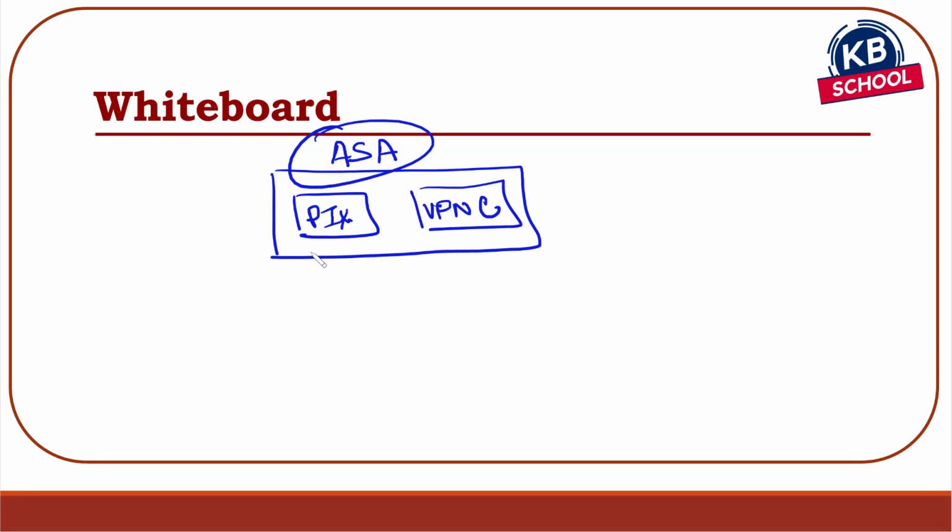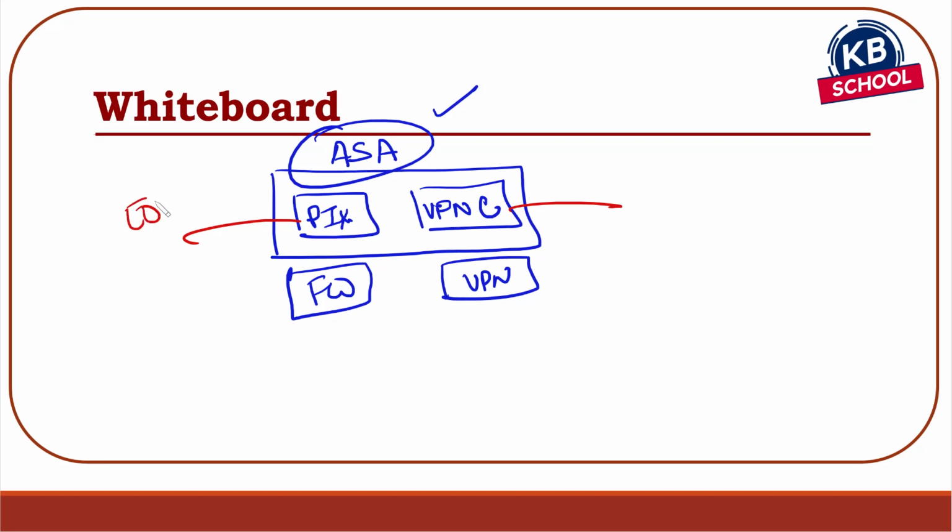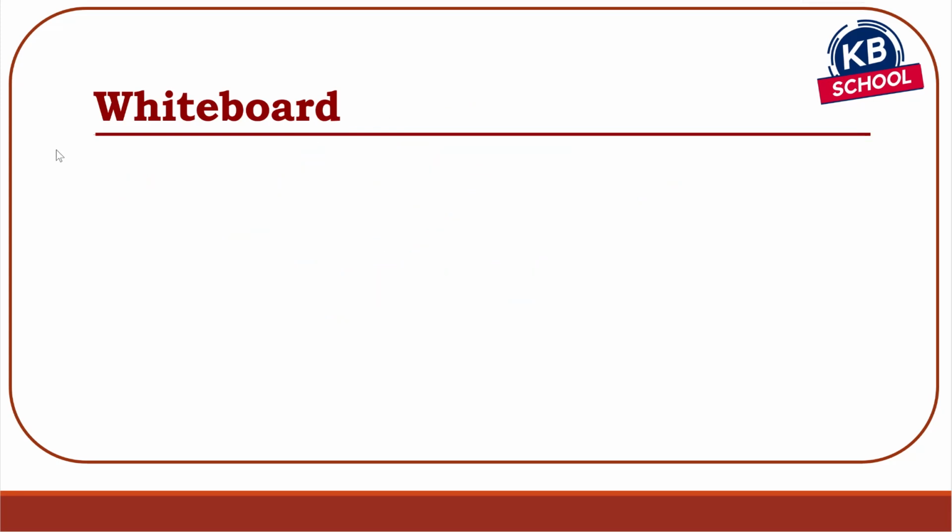So the ASA firewall gives you the capability of acting as a full-on firewall with the capability of supporting VPNs, which it got from the VPN Concentrator product. Now, needless to say, once the ASA became popular, these devices became end of life. They were taken off the shelves, and the only product that they were selling and are still selling is the ASA firewall. All right, so that's a little bit about where the ASA came from.